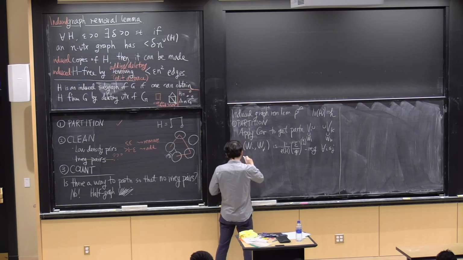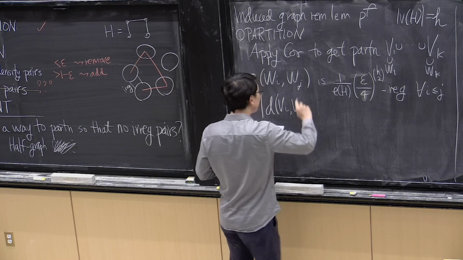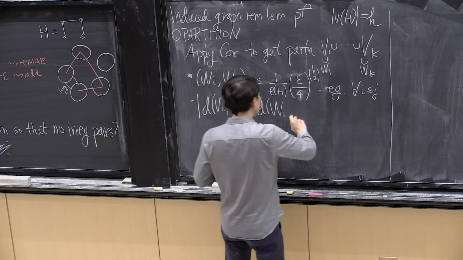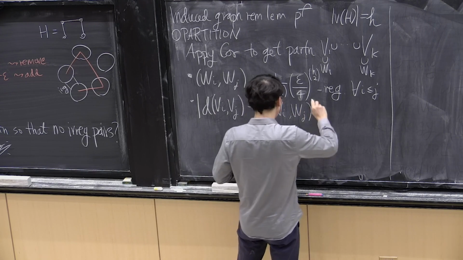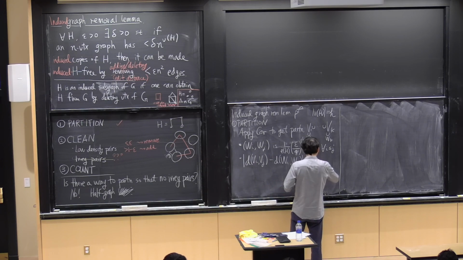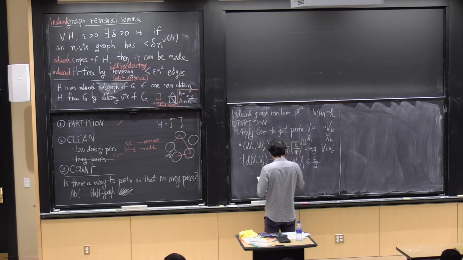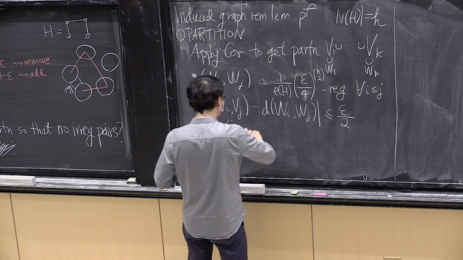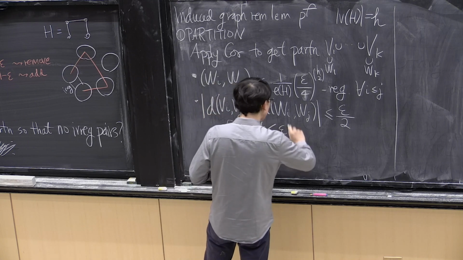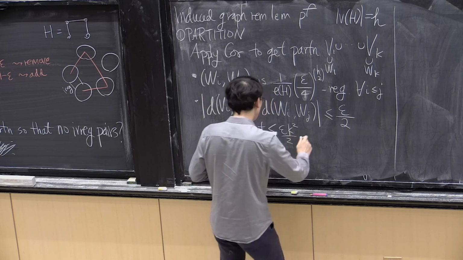Other properties are that the densities between the Vi's and the Wi's do not differ by more than epsilon over 2, for all but a small fraction, epsilon k squared over 2, of pairs.